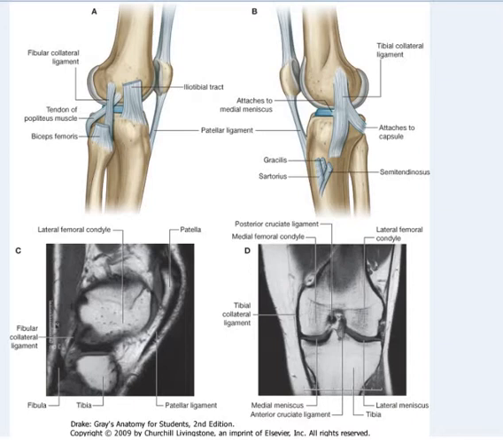Now we will discuss the ligaments of the knee joint. There are mainly three ligaments associated with the knee joint. The first one is the patellar ligament. The second one are the medial and lateral collateral ligaments.